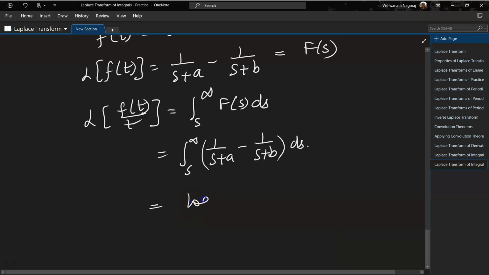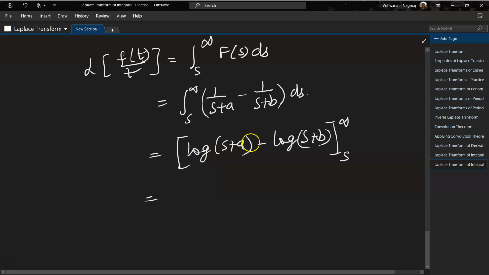We get log of s plus a minus log of s plus b from s to infinity. Okay, let's do the substitutions. Log infinity is 0 minus 0 minus log of s plus a minus log of s plus b.